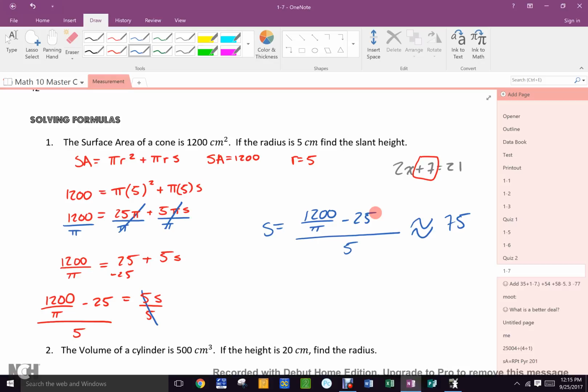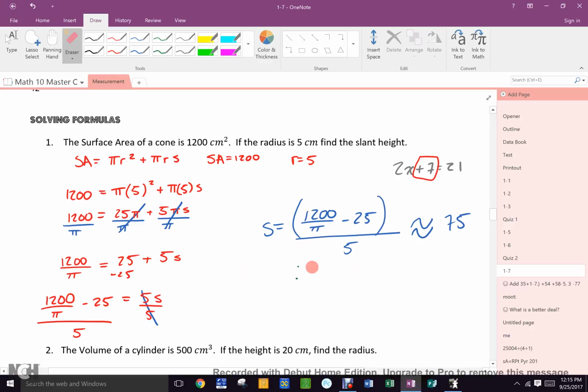So, to punch this in, what are the keys to remember? Well, you got to bracket the top. So, I'm going to write in green what you would hit. Bracket, 1,200 divided by pi, bracket, minus 25.